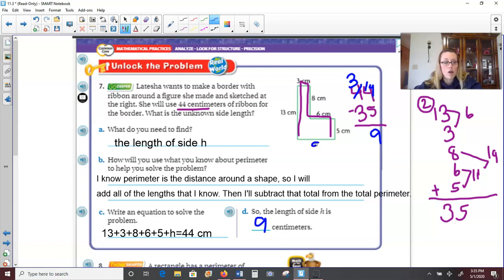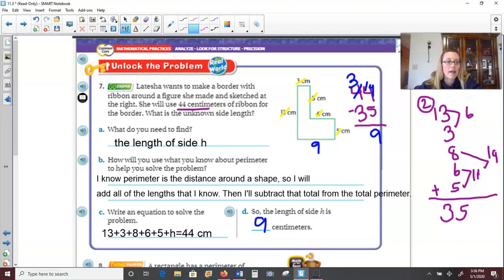Should we just move on and hope that we got it right? No. We're going to add the sides up here real quick just to be sure. All right, so let's just go in order, I guess, around. 13 plus 3 is 16. 16 plus 8 is 24. 24 plus 6 would make 30. 30 plus 5 is 35.